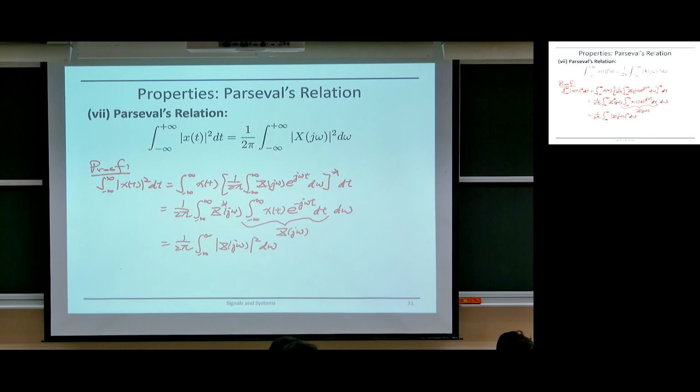So we can view this x of j omega absolute squared as the energy density spectrum.